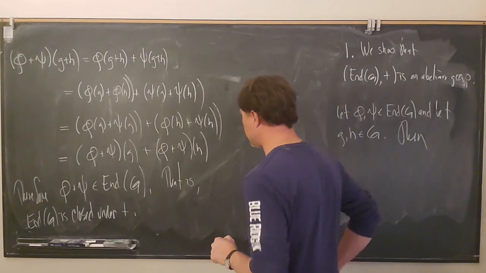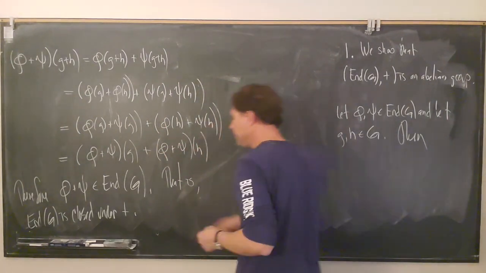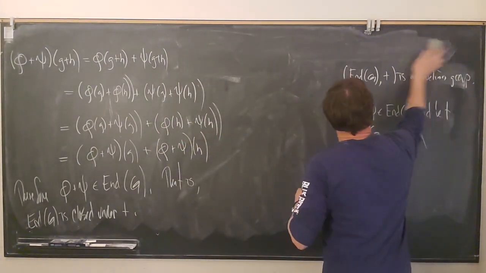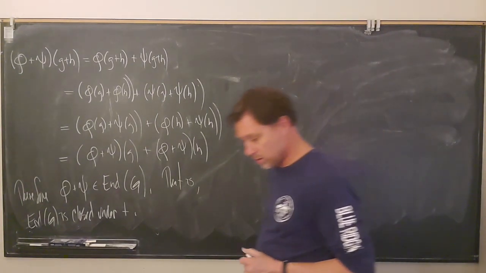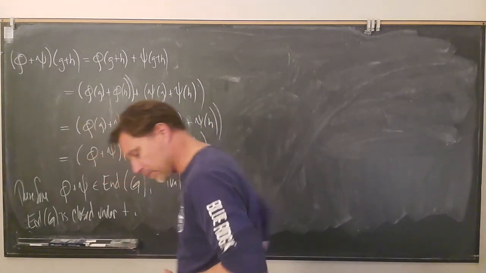Okay, so now we need to show associative. I'm going to call them alpha, beta, and gamma.